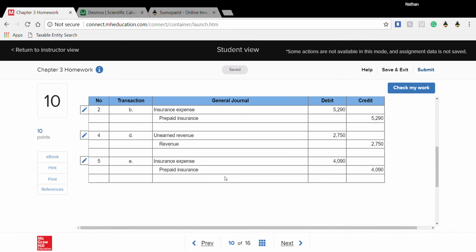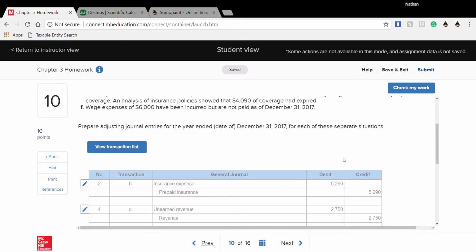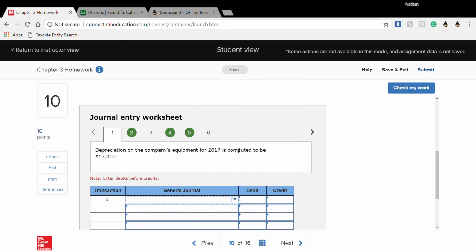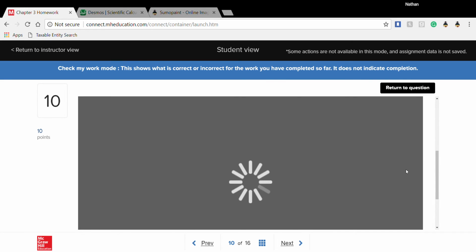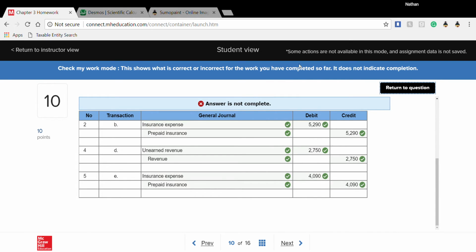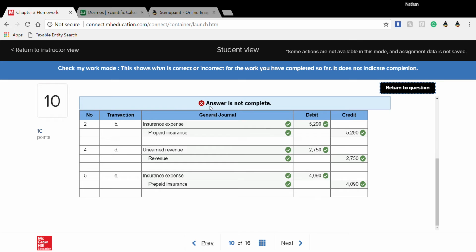Since it gives me the number right here for 6, all you have to do is put in the same journal entry, so salaries expense and salaries payable of $6,000. Done. Again, always hit check my work. Everything's correct. And remember, it does say answer is not complete because we didn't do 1, 3, and 6.